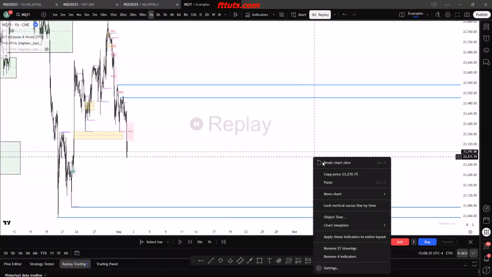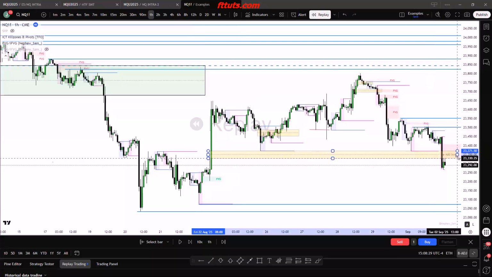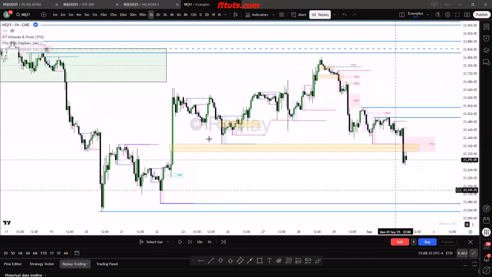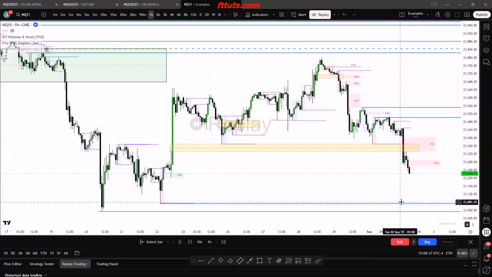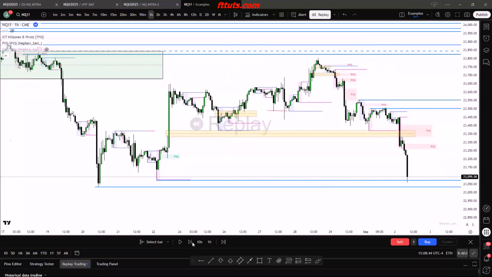Why do we think that? Especially after this 1 hour here is inversed. For sure, the draw on liquidity is lower. Let's see what happens. We come in at 6 o'clock. Yeah, the problem is everything dropped in London, but the draws on liquidity are hitting.